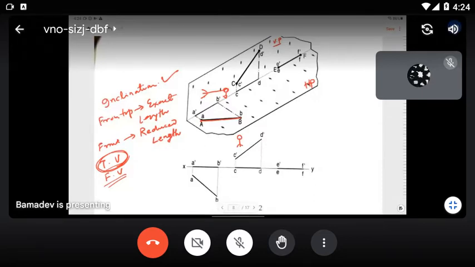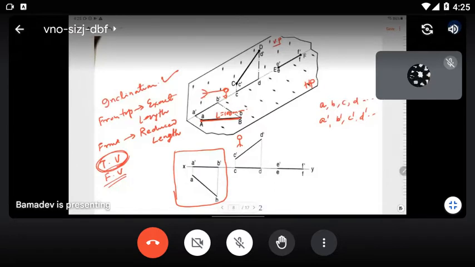So this is what is done here, you see. This straight line AB has length L equal to, say, 100 millimeter. You know the convention that the top view is named with small letters, and the front view with A dash, B dash, C dash, D dash, and so on.